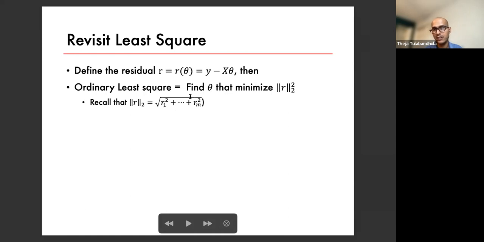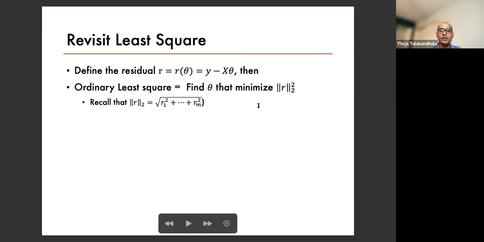If you have connected the dots, this is exactly the loss function J theta that we saw a few slides ago, except there's no extra 1/2 in the front. If you added 1/2 in front of the 2 norm square, it would be exactly the same as the J theta we saw earlier.